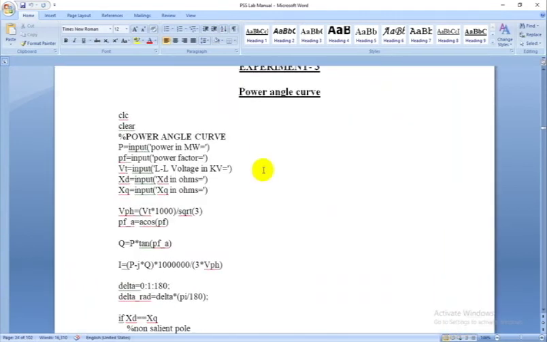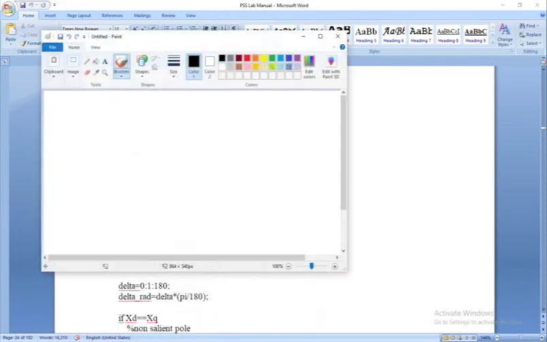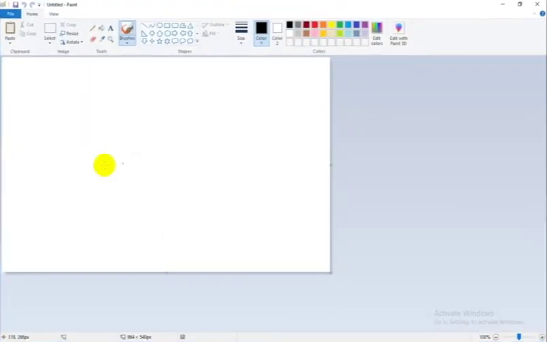I will explain for a few minutes what a power angle curve is. A power angle curve is a plot of variation of the electrical power output with respect to the torque angle.